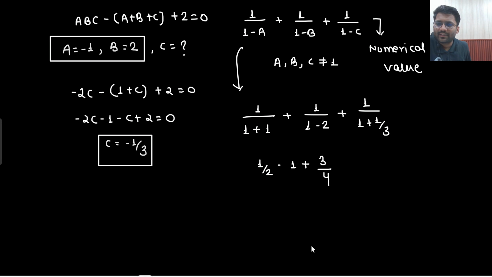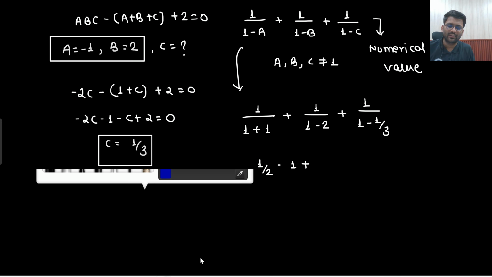Some calculation mistake. Minus 2C minus, this is becoming minus 3C. Yeah, A is coming out to be 1 by 3. C is coming out to be 1 by 3. So this will be minus 1 by 3. So this will become 2 by 3. So 3 by 2.